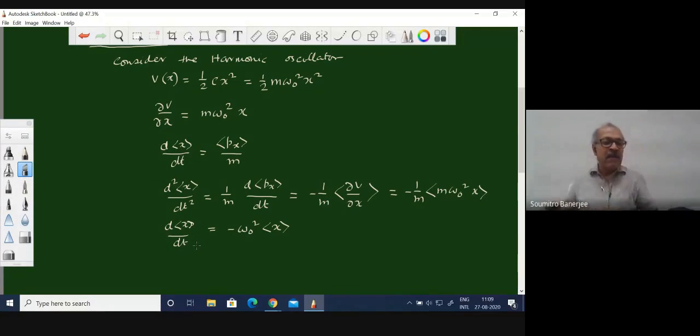And the solution is that x will be a sinusoidal function, its derivative, which is related to the px, will be a cosinusoidal function, and all that will still be applicable. But the only thing is that it will be applicable to the expectation value of x, expectation value of p. Okay.